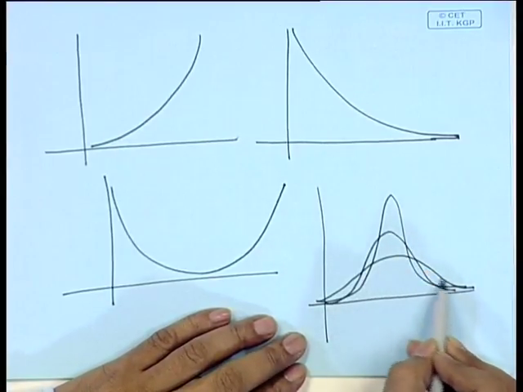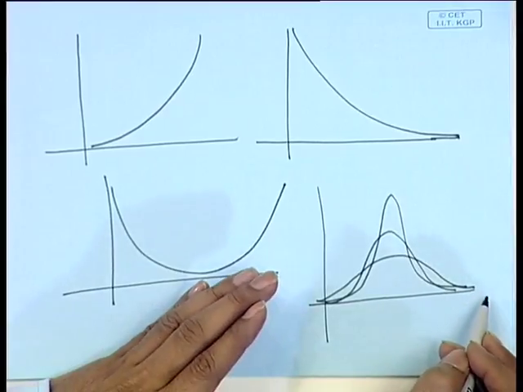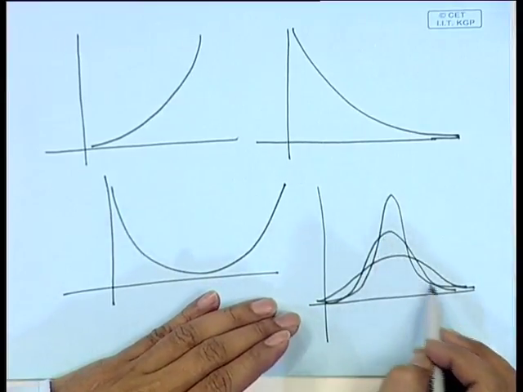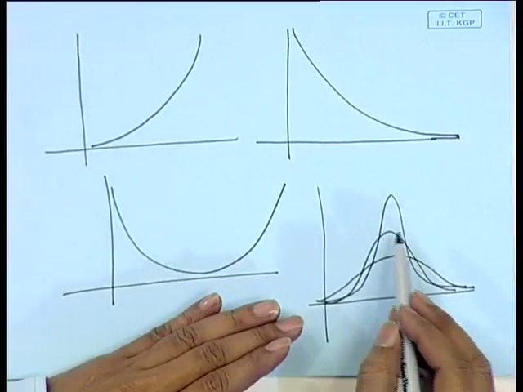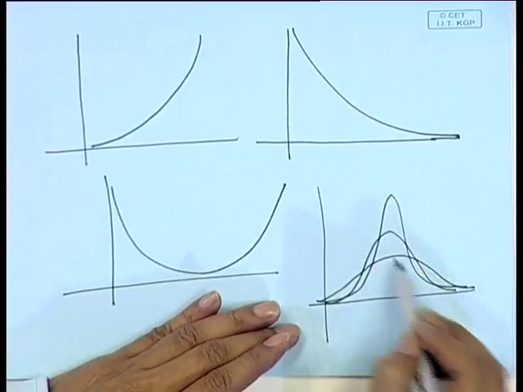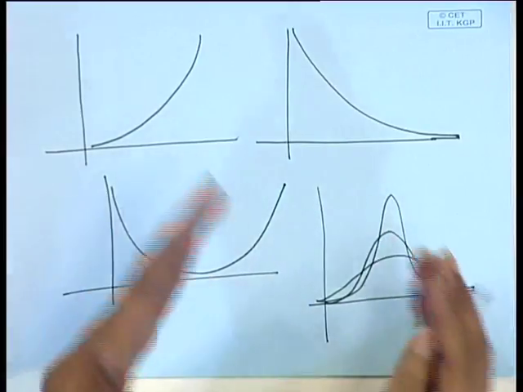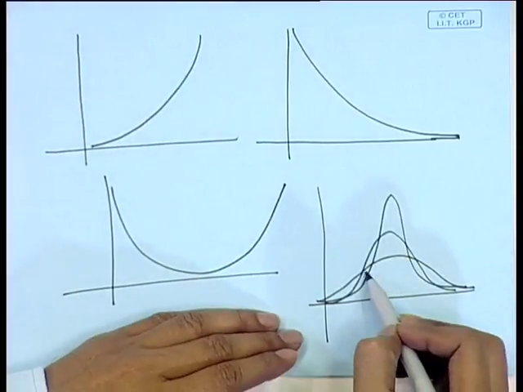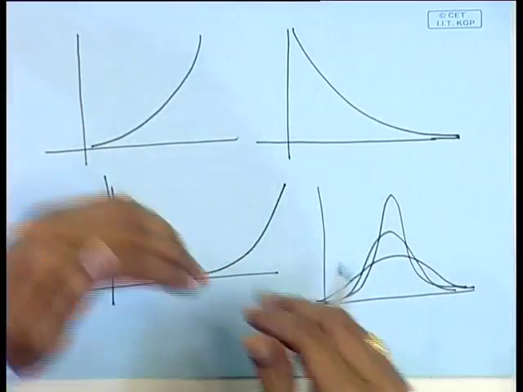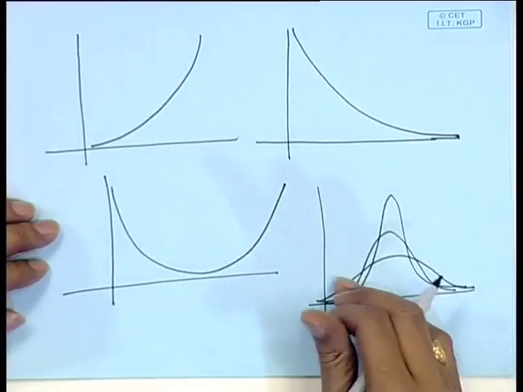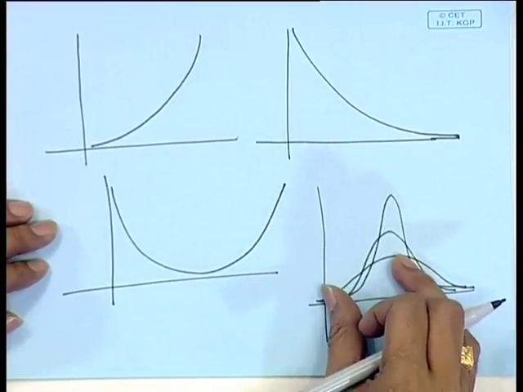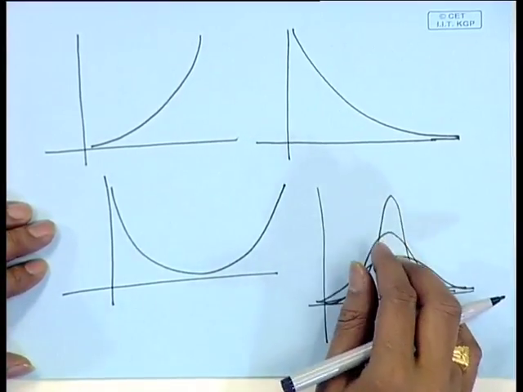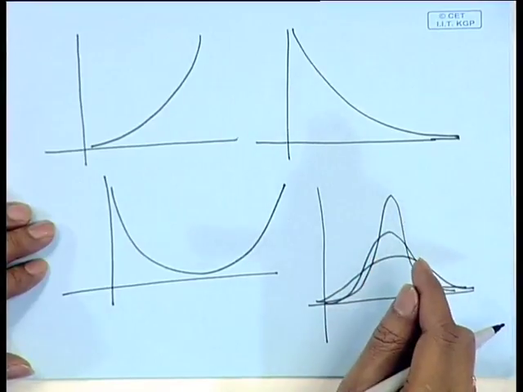This is sparsely distributed, this is moderately sparsely distributed and this is heavily concentrated distribution. A large number of values are towards the center and very few values towards the ends. Here the things are more or less equally distributed. So, you can say a fat belly and a tall belly. So, this type of curves are also common.